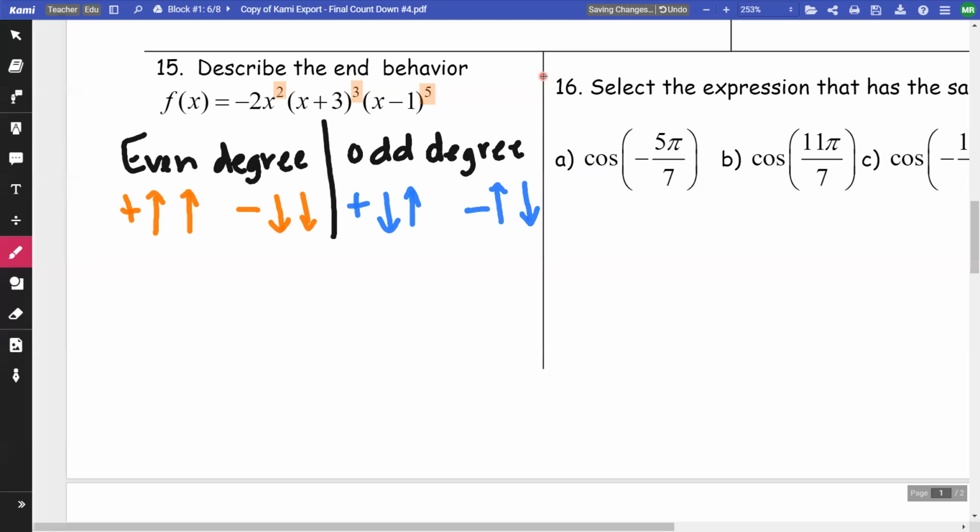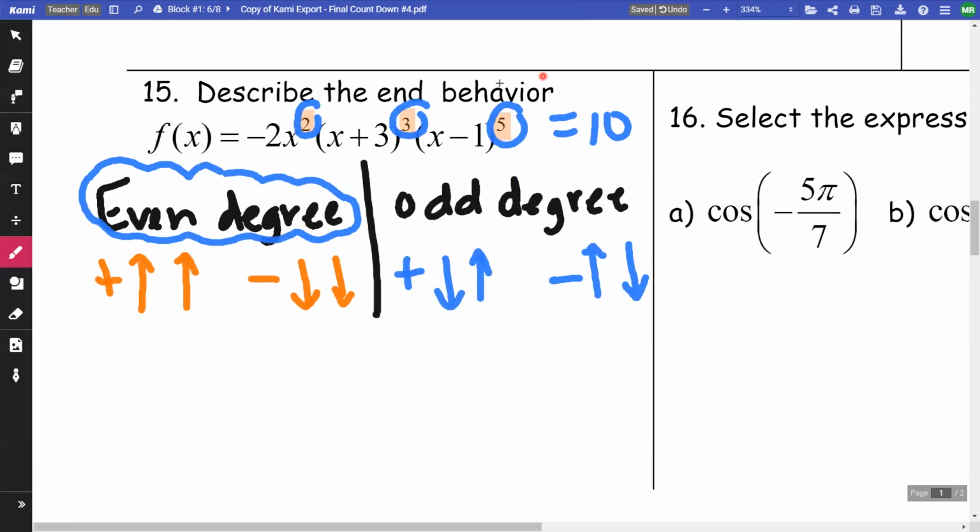The next situation is we have to figure out the degree. So we're going to take a 2 and a 3 and a 5. We add those together, and that gives us a 10. That means we have an even degree. And if you look at the number in front, this is a negative.